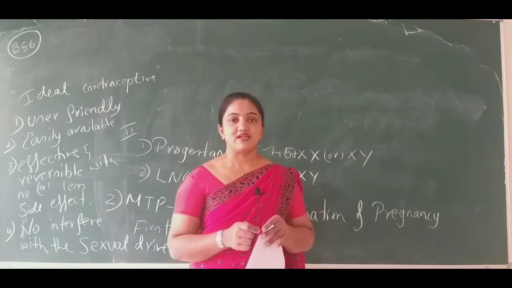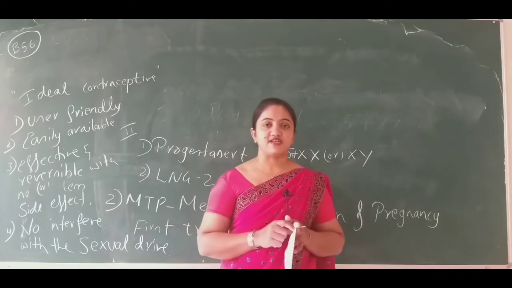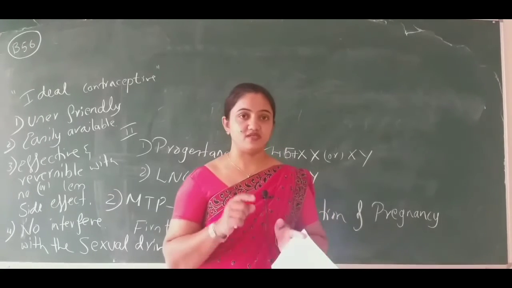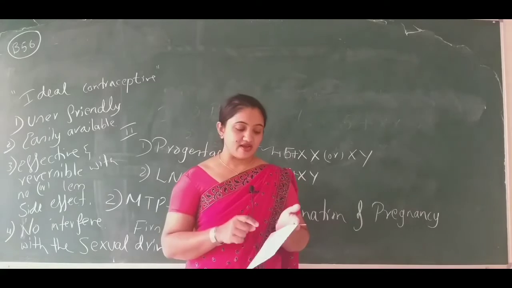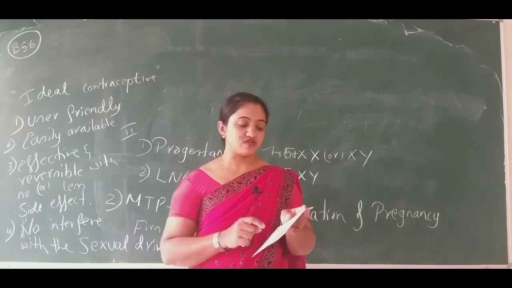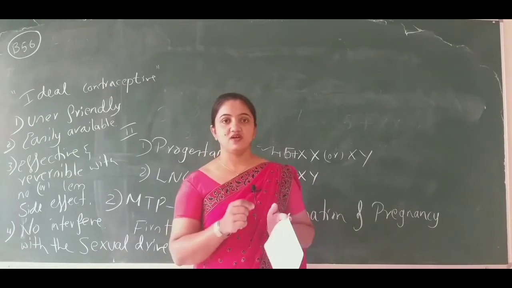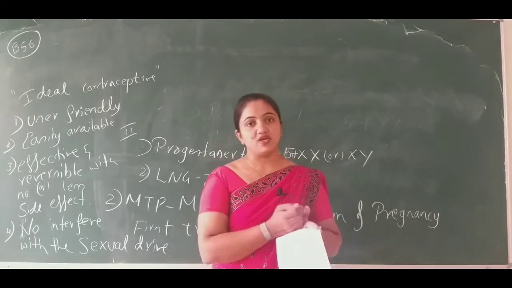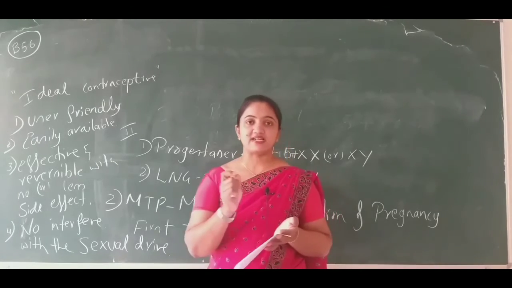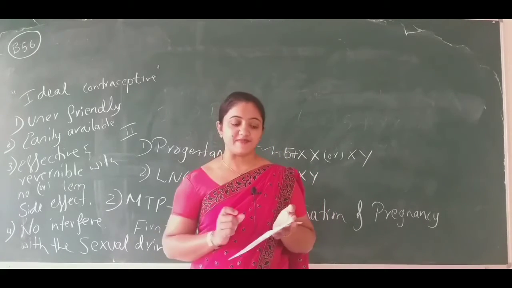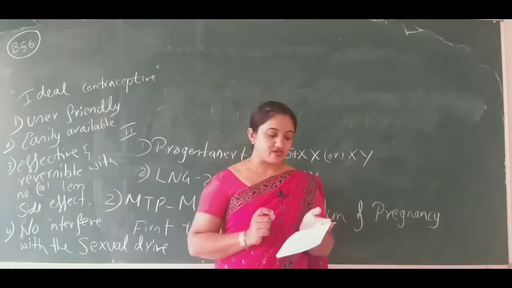Because they are cutting and tying back the vas deferens in male human beings, and the doctors are cutting and tying back the fallopian tube in female human being. That's why the name came vasectomy and tubectomy in male and female respectively.